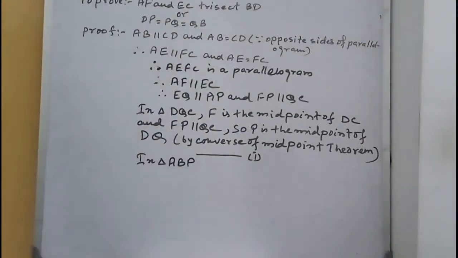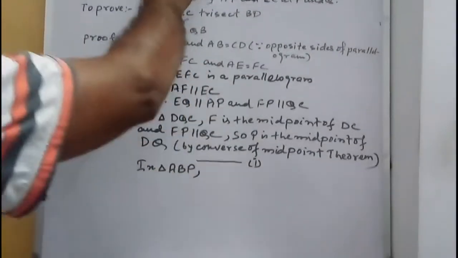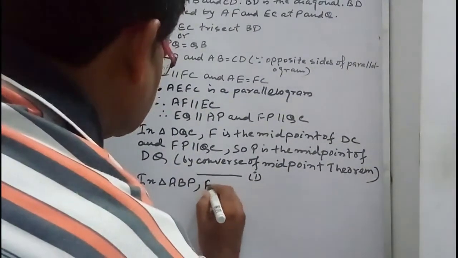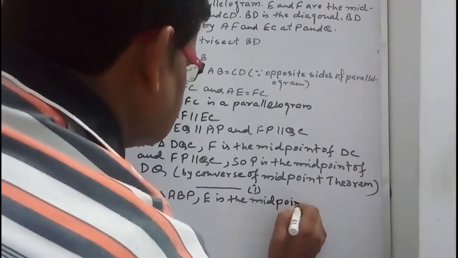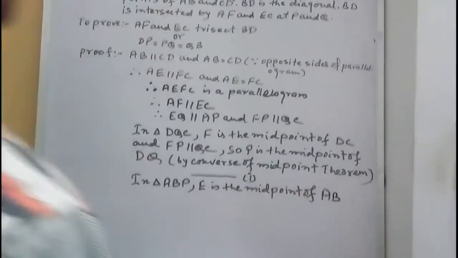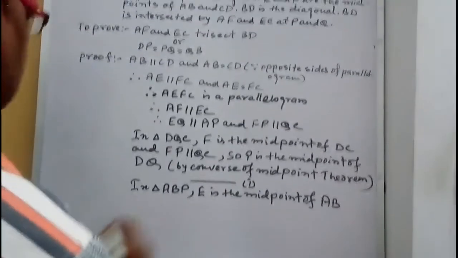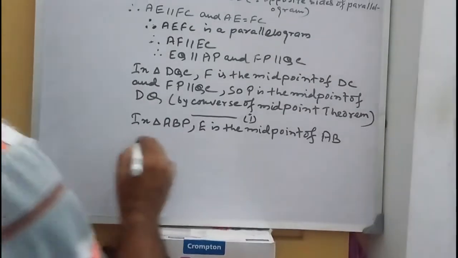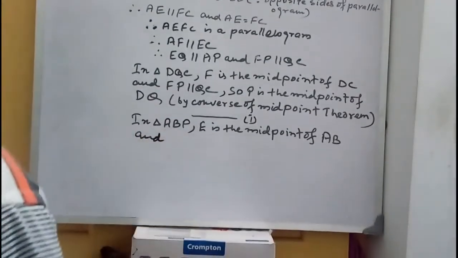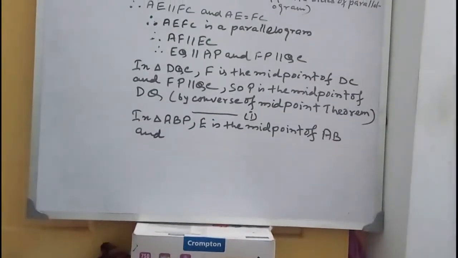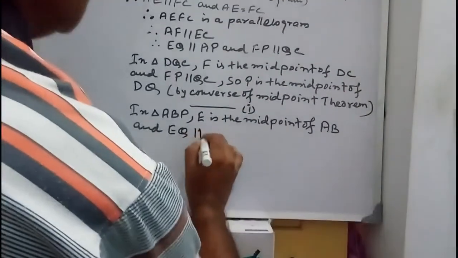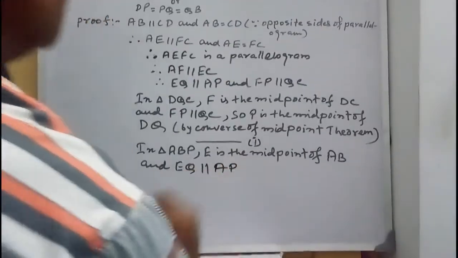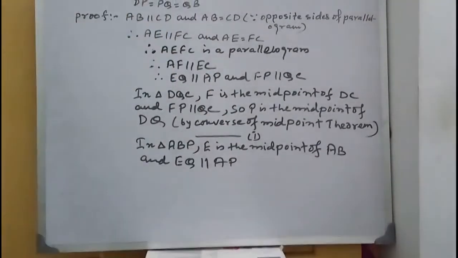In this triangle, E is the midpoint of AB, and EQ is parallel to AP.